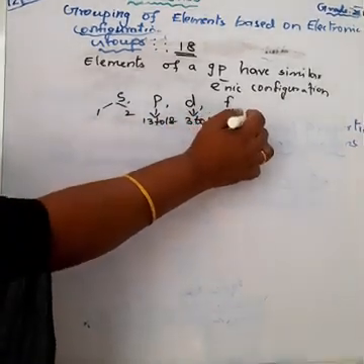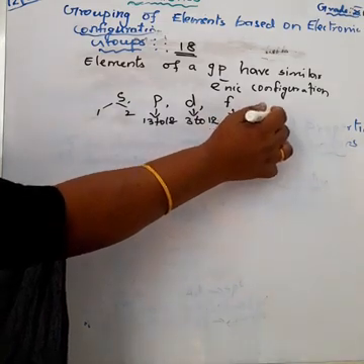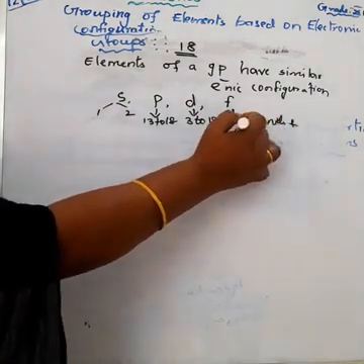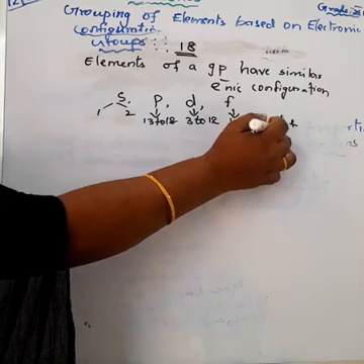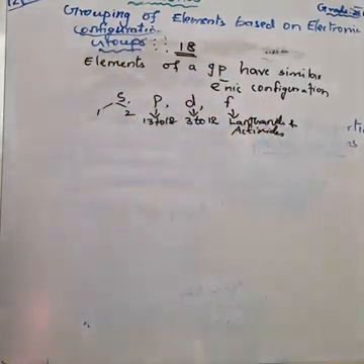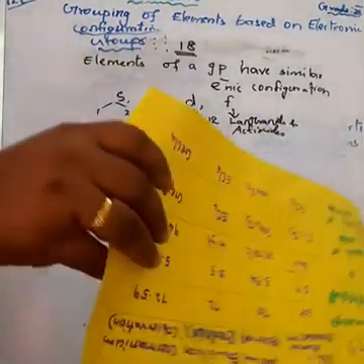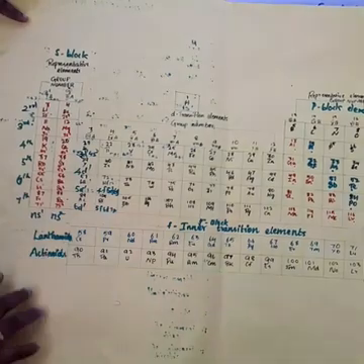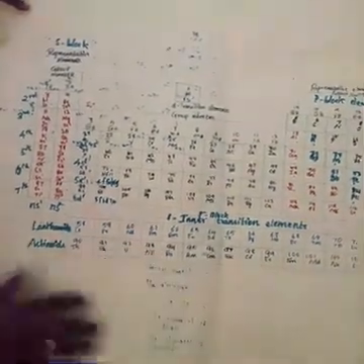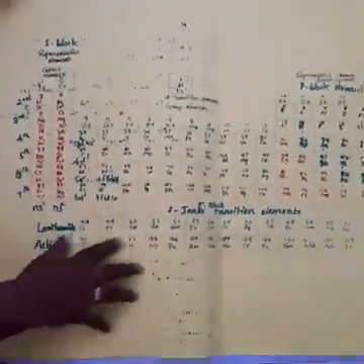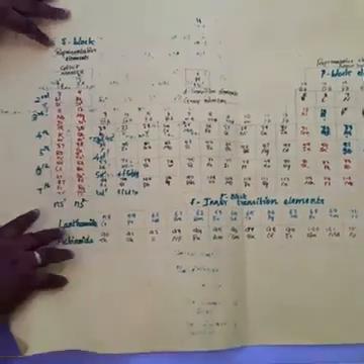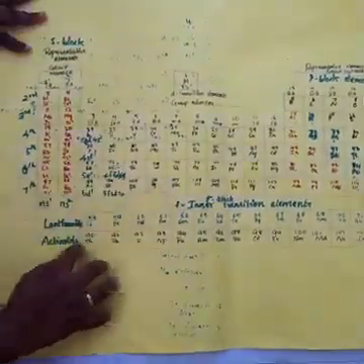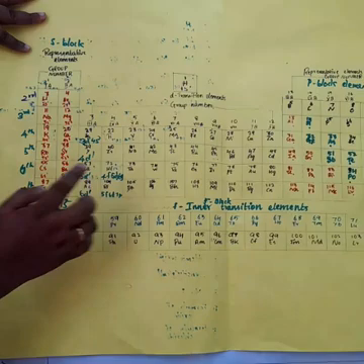Their position is in the middle, between the sixth period and seventh period. The lanthanides take place after lanthanum, and the actinides take place after actinium.